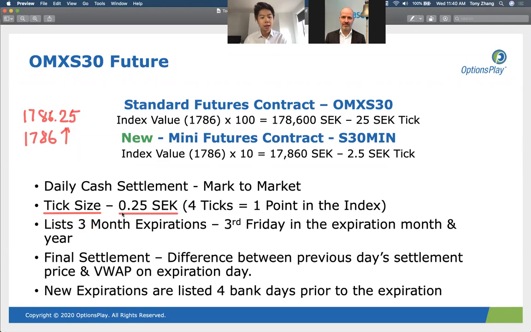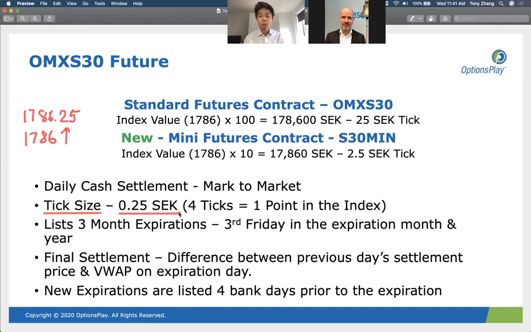The minimum tick size is 0.25 crowns, and there are 4 ticks to each point in the index. When we're day trading futures, we usually talk about them in terms of ticks. 4 ticks to a point, and 1 point equals 1 crown. So when the index moves from 1786 to 1787, that is considered 1 point or 4 ticks.